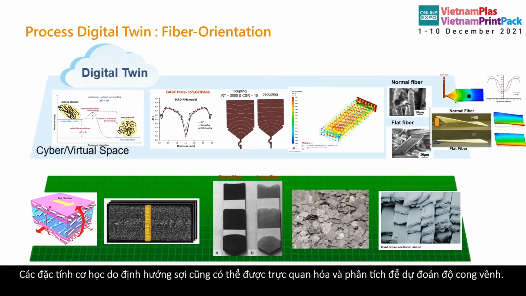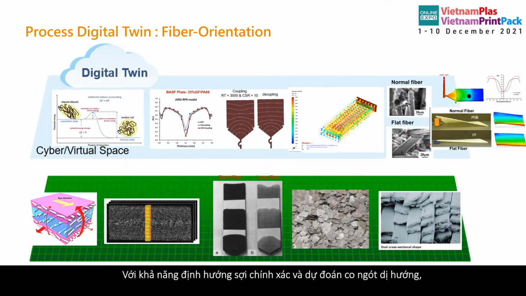Mechanical properties due to fiber orientation can also be visualized and analyzed for warpage prediction. With its accurate fiber orientation and anisotropic shrinkage predictions, users can achieve warpage control, cost reduction, and strength improvement.